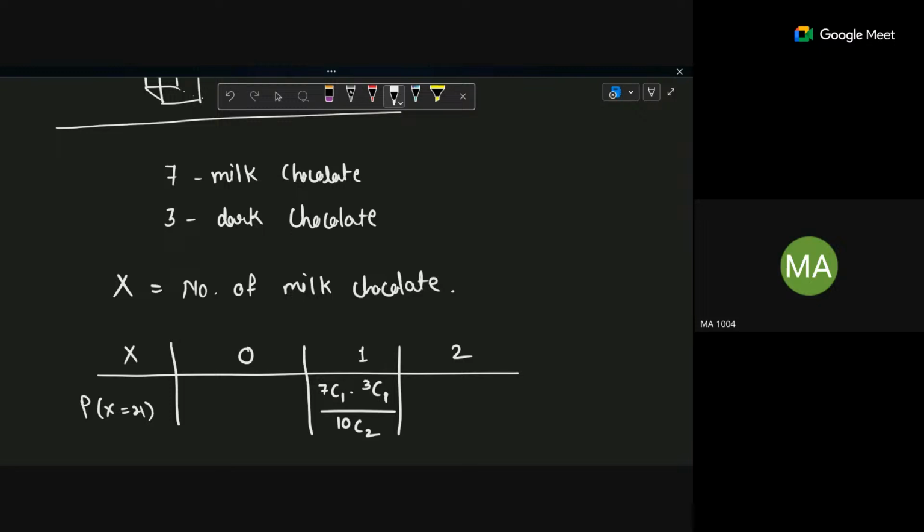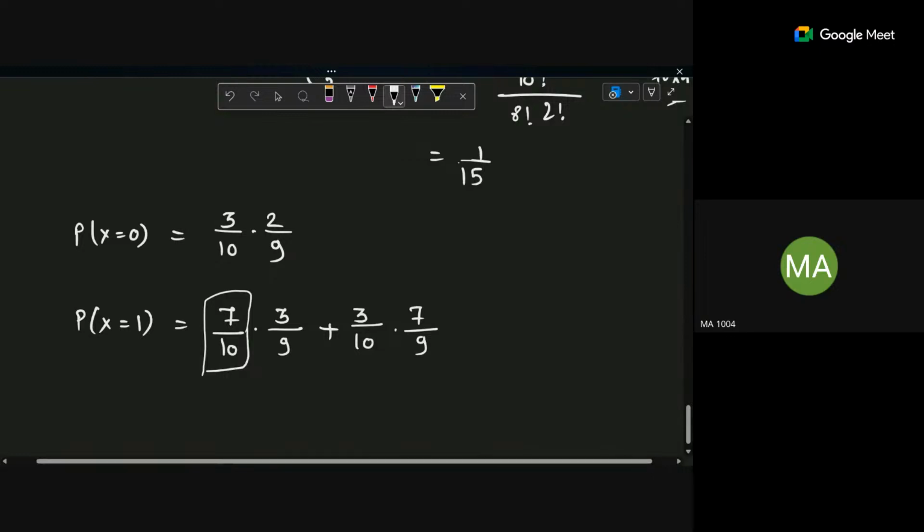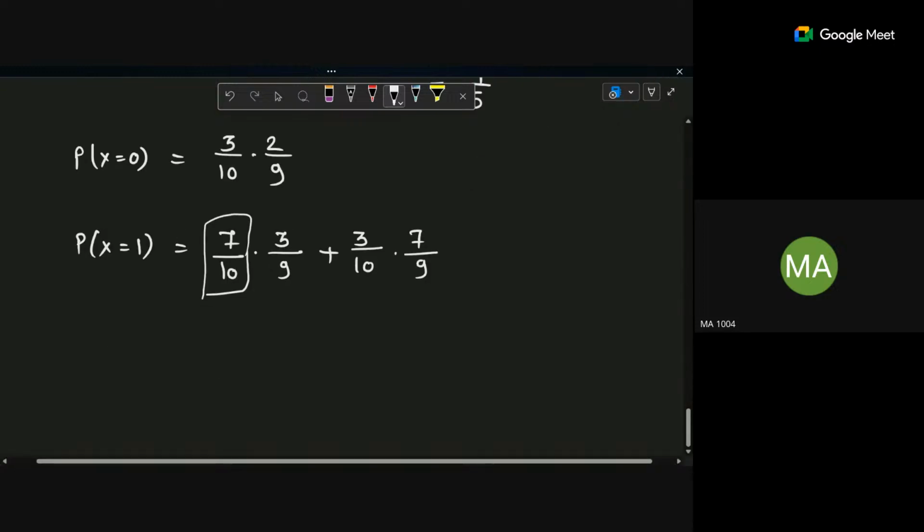That will be 7 by 10, right? Favorable outcomes divided by possible outcomes. If you are going like that, then you have to consider all the possible cases, sequence wise: what your first outcome is and what comes when you are drawing the second chocolate.